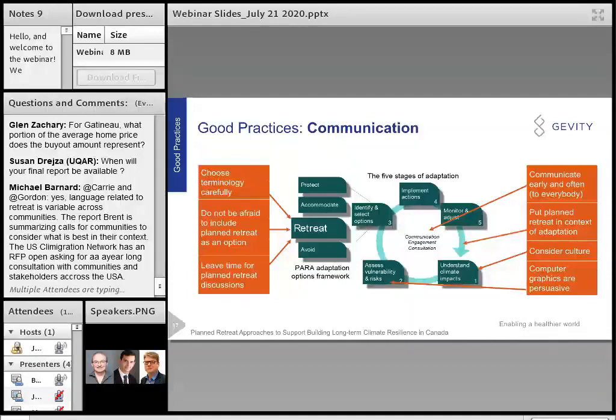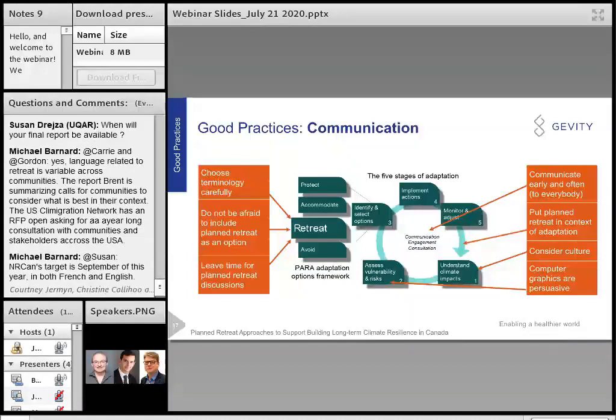As part of the adaptation options framework, you can discuss with communities what options they see, and then perhaps they're not even considering the retreat option. But probably at the starting phases anyway, presenting more options is better, and then communities can wrap their heads around different options like protect versus retreat, or adding in 2 or 3 of those options as part of a coherent climate change adaptation plan.